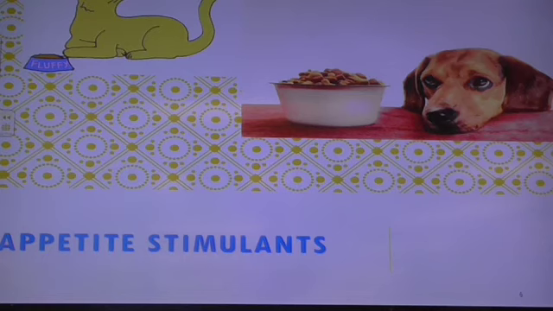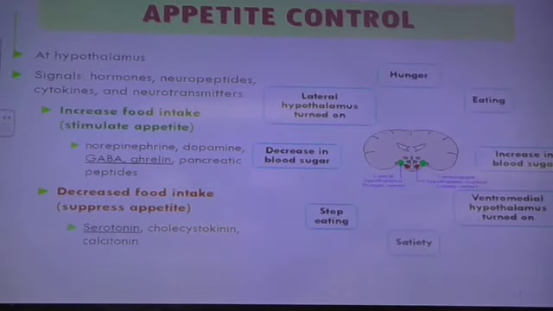For the ones I underlined, you need to know everything about them. That means the mechanism of action, therapeutic indication, adverse effects, and everything else. But for the ones in parentheses or not underlined, you just need to know the unique property. First is the appetite stimulant.